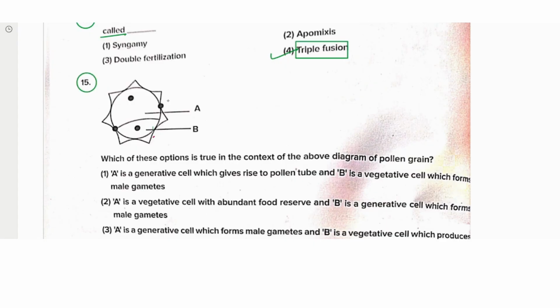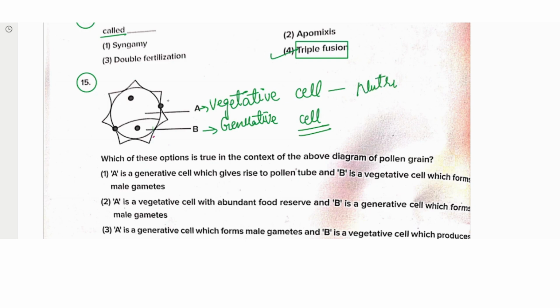Then question number 15. You know very well A is the vegetative cell and B is the generative cell. The generative cell has to divide, and the vegetative cell will give the nutrition. It has abundant food and gives nutrition to the growing generative cell.